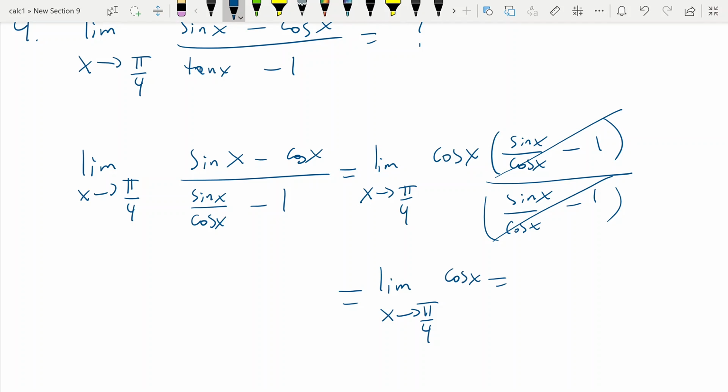But now we are allowed to use substitution because cosine of x is continuous everywhere. So we may just plug in pi over 4, and this is just square root 2 over 2. And this is our final answer.